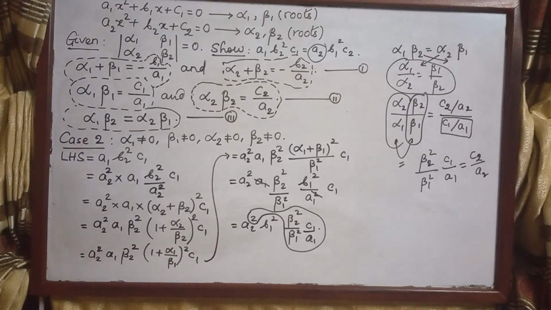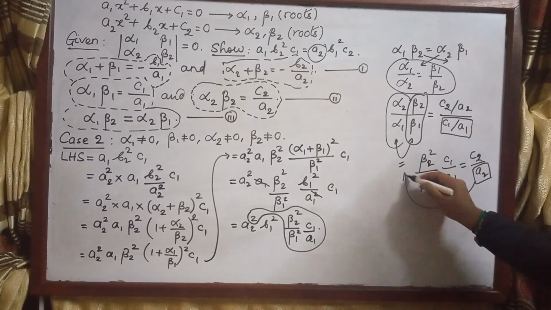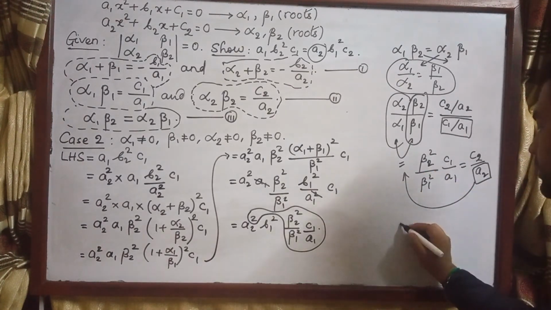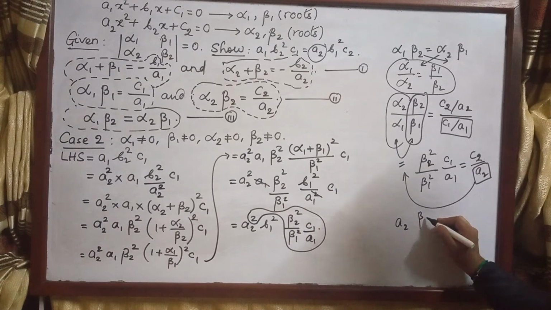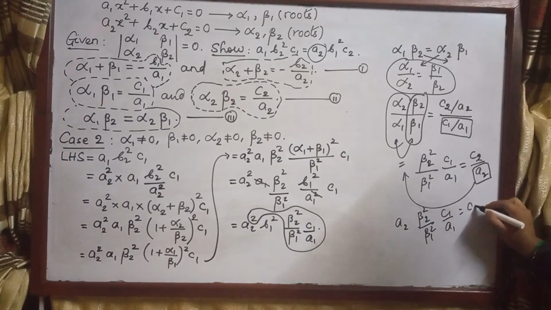Now if we take a2 to this side, then we're going to get a2 beta 2 squared over beta 1 squared c1 over a1 is equal to c2.